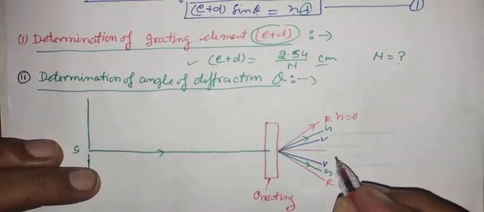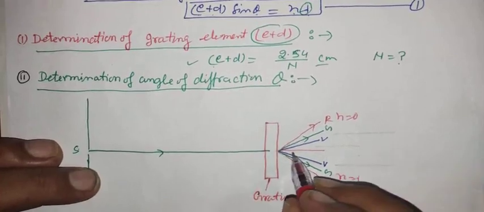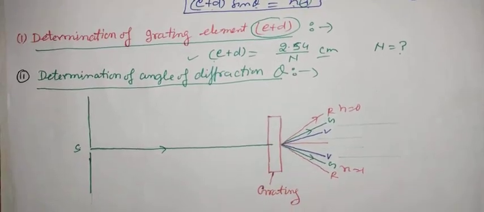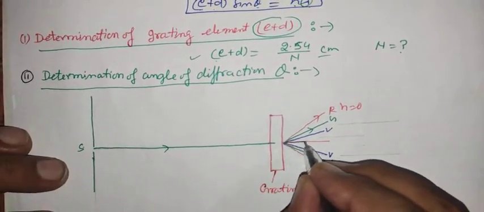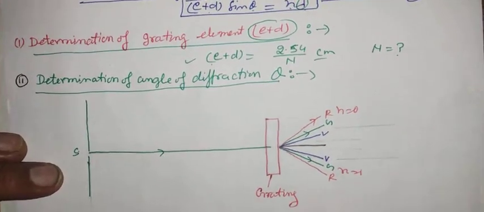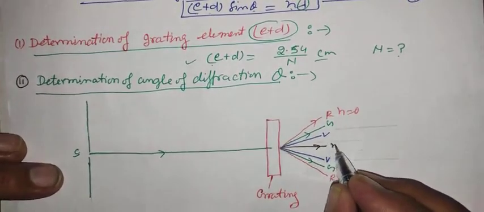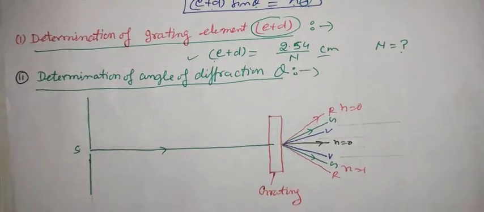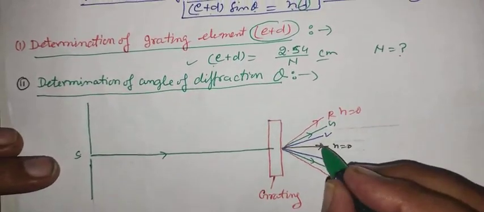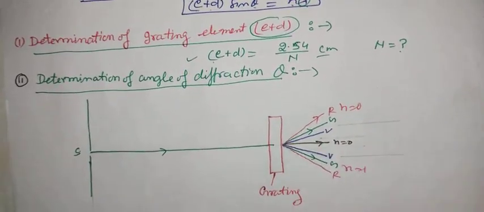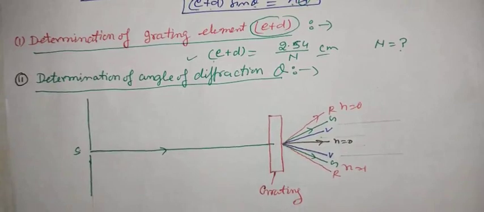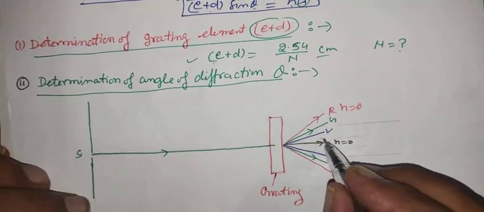The white light is here in the middle. This is the white zero order principal maximum, n is equal to 0. The whole spectrum is analyzed through the telescope.